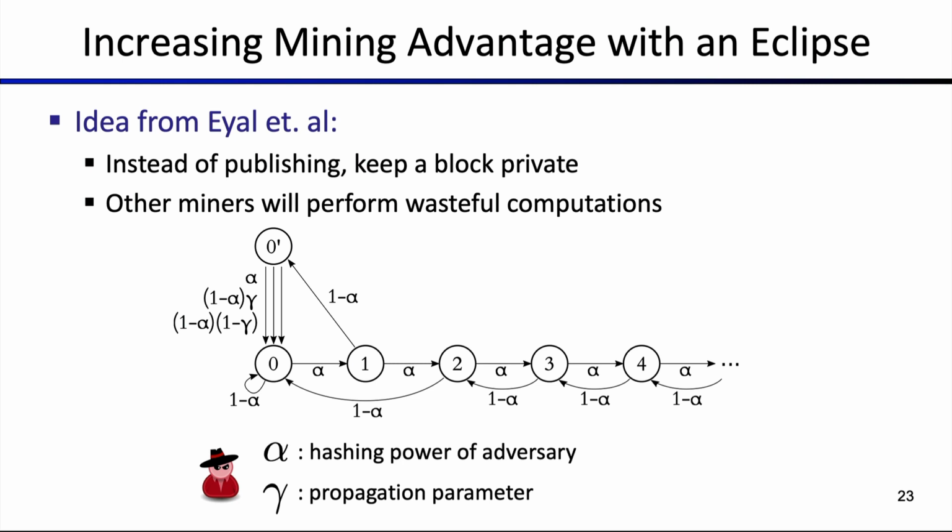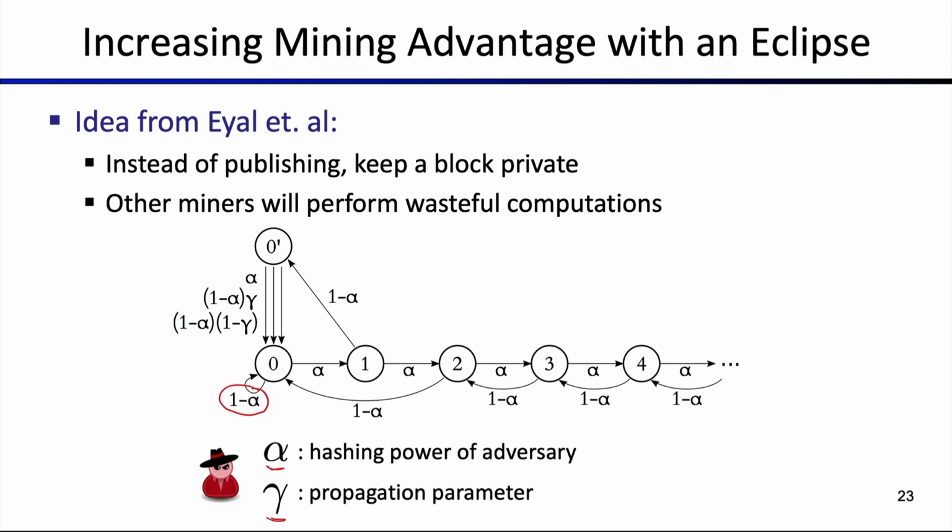You can look here at this state transition graph that we have. We denote by alpha the hashing power of the adversary, and by gamma a network layer propagation parameter. The stronger the parameter, the better you can propagate data. So for example, we have the probability 1 minus alpha that the honest network is mining a block, right?